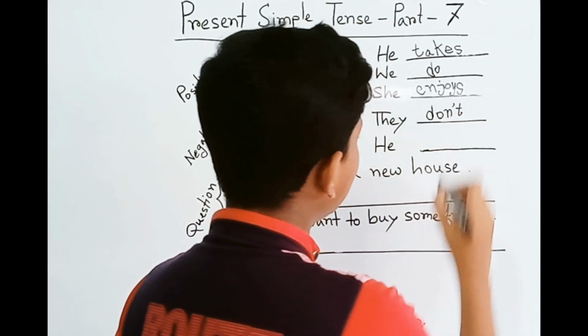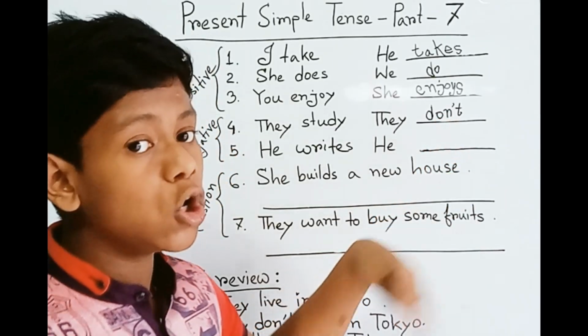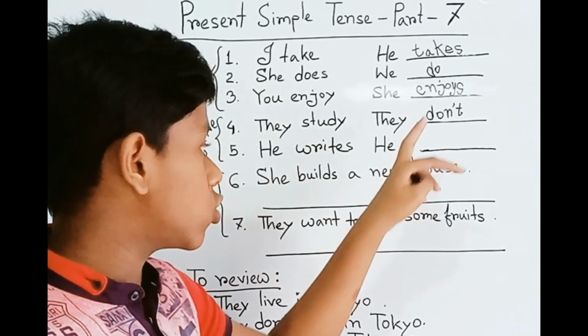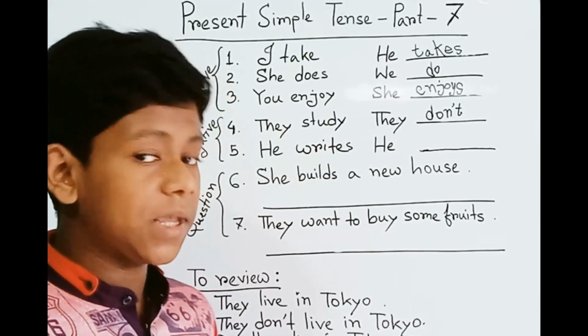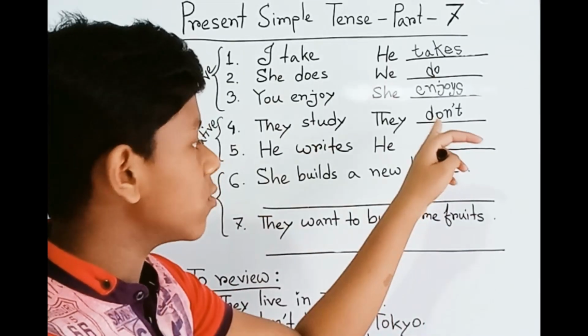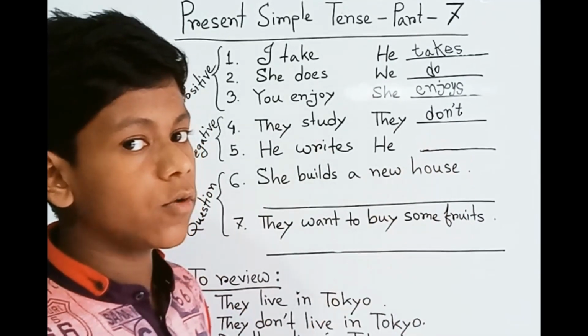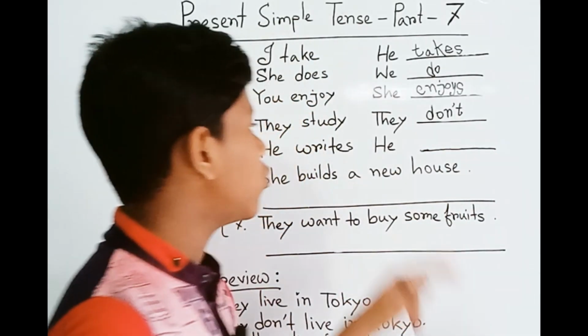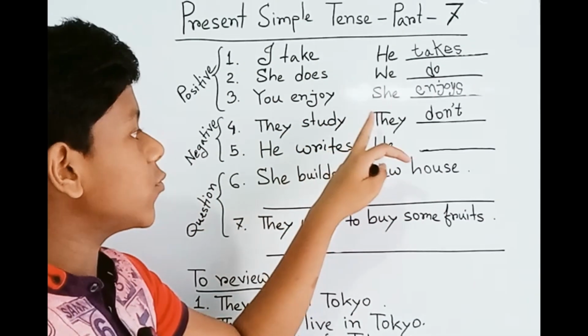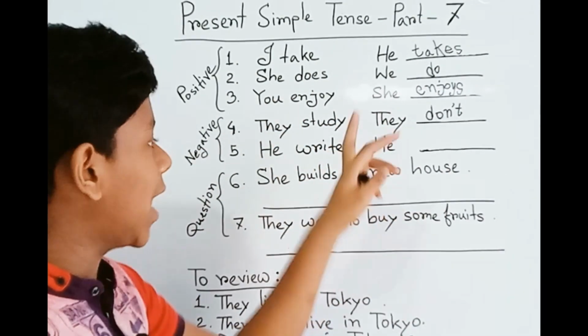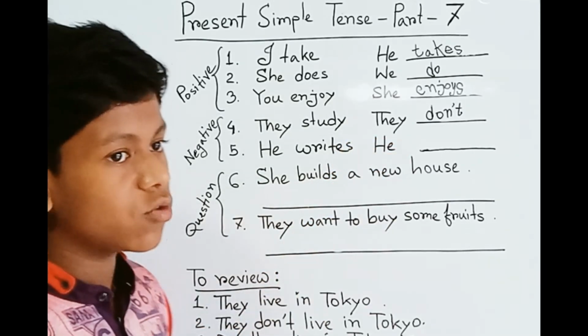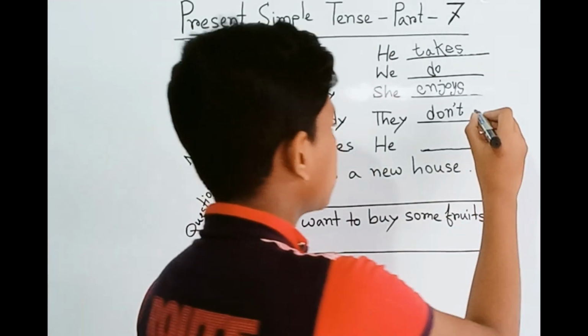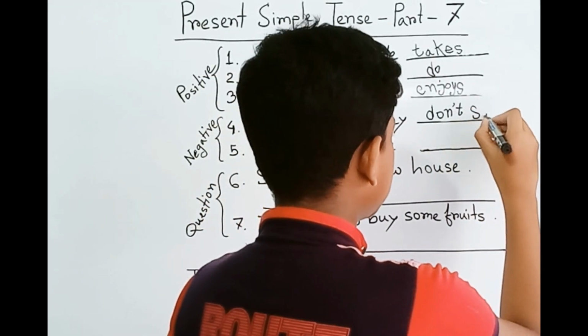We have already learned this part about "don't". "Don't" is a contraction, it means "do not", but "do not" sounds more formal. After adding "don't", we have to add "study". It will be verb 1. Study.